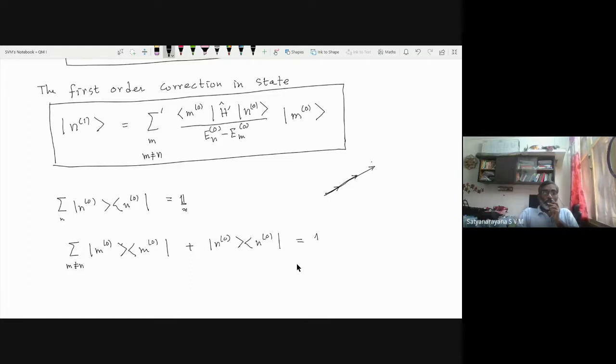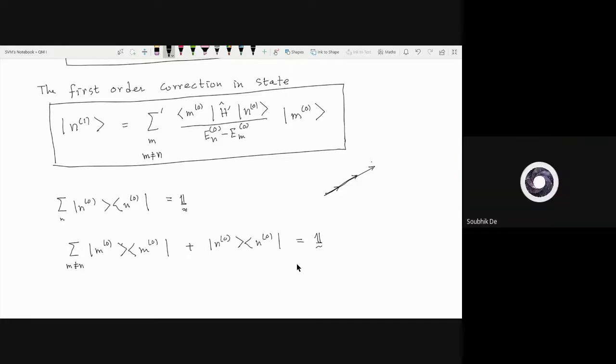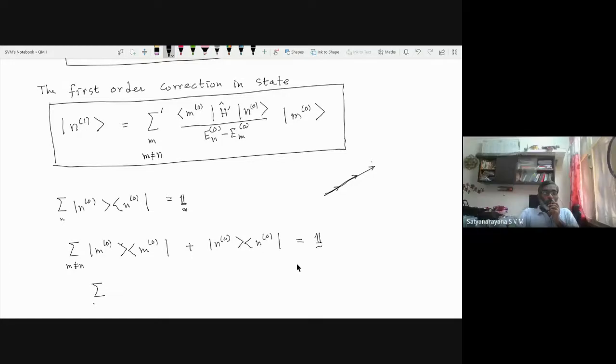Let's call this identity. There is no problem, right? Now the sum over m not equal to n of m0, m0 can be written as identity minus n0, n0.